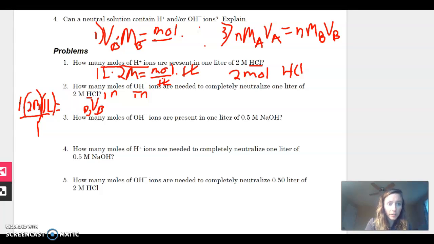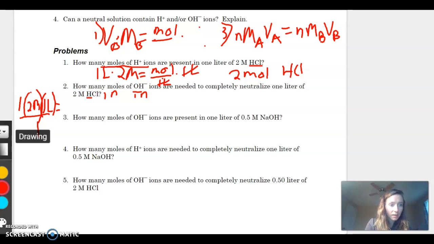So instead of writing MB and VB here, we're trying to find the moles of the base, so I'm just going to substitute it for moles. It's really moles of base B. And you can do that. You're not going to get a question this hard on your test. But you can do that. So now you can just multiply these together.